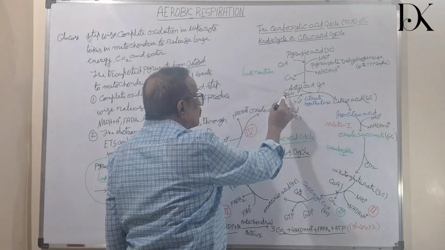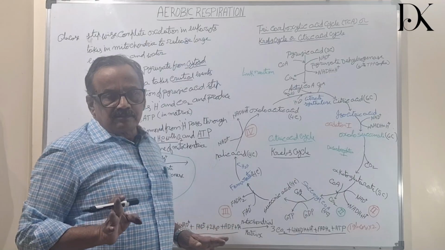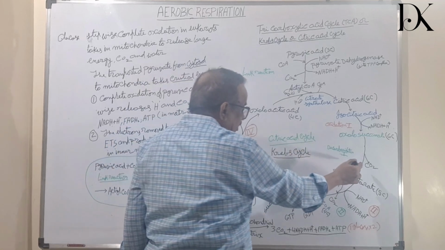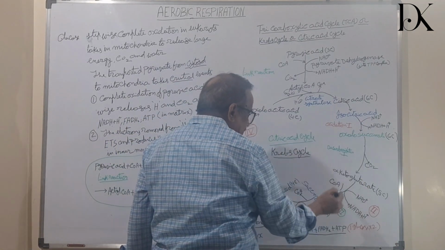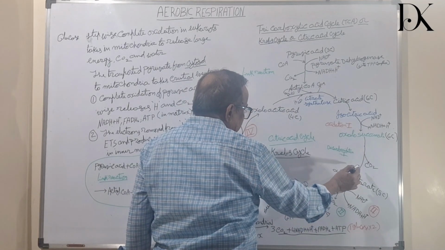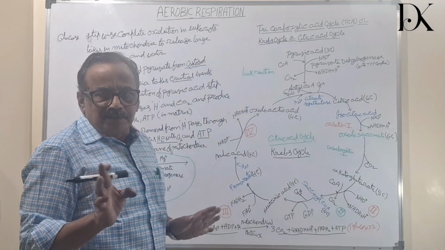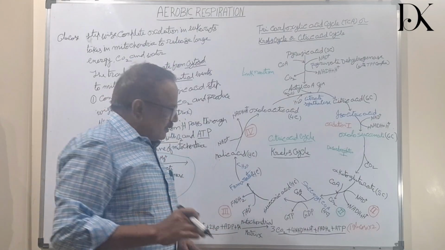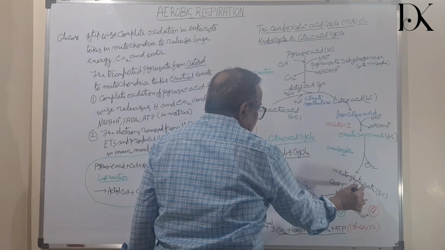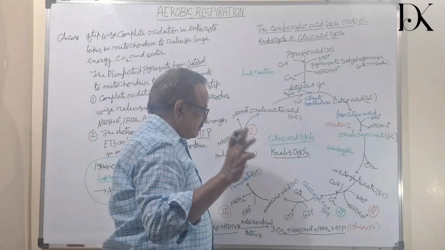How many carbons entered? 2 carbons, and 2 carbons have gone, so a 4-carbon compound is formed. 2 carbons entered and left the cycle as carbon dioxide at two places, before and after alpha ketoglutaric acid formation, from oxaloacetic acid. Like that you can remember. It is easy.